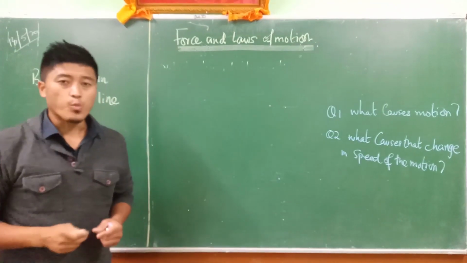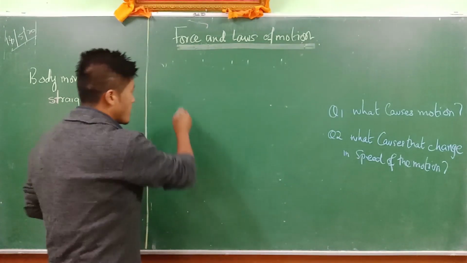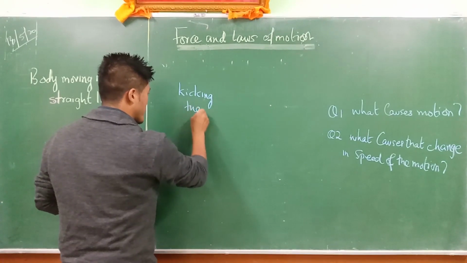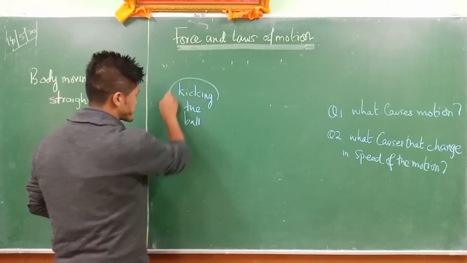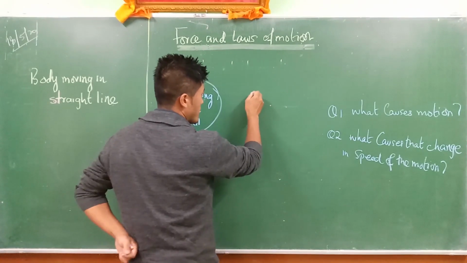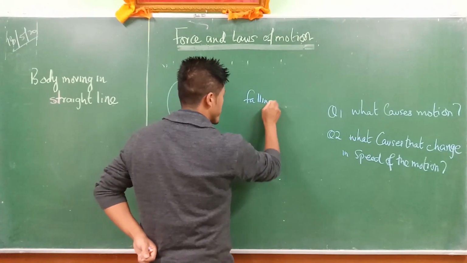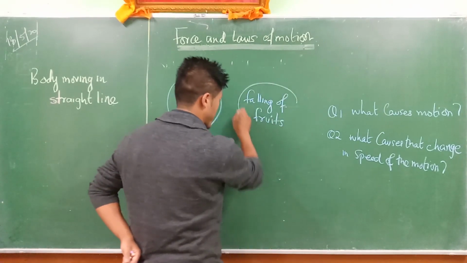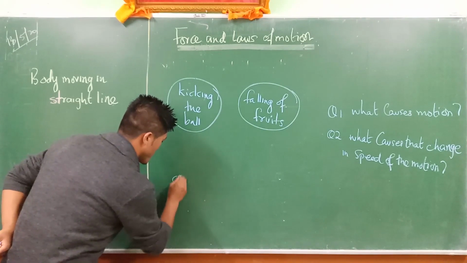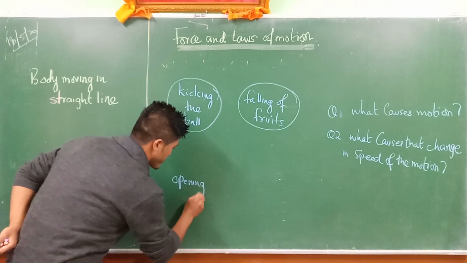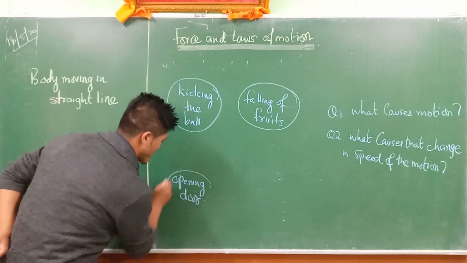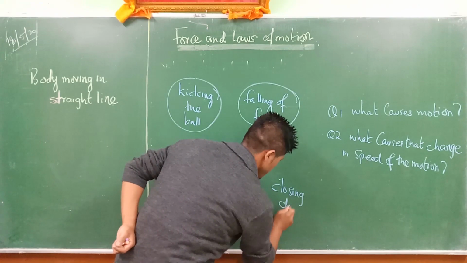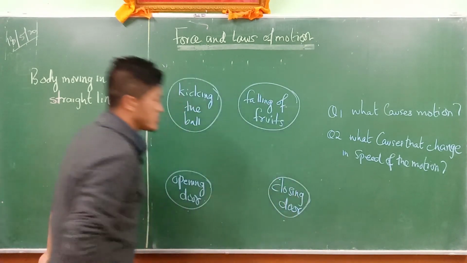in our daily life, we come across many kinds of activities like kicking the ball, let's say falling of fruits, opening a door, and the opposite of that, closing a door.